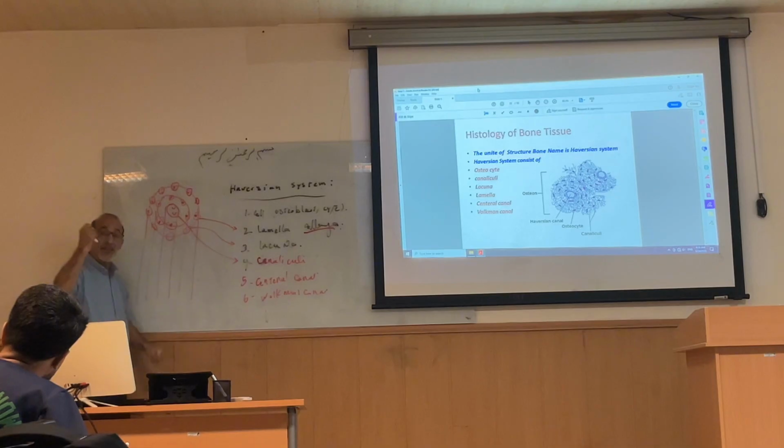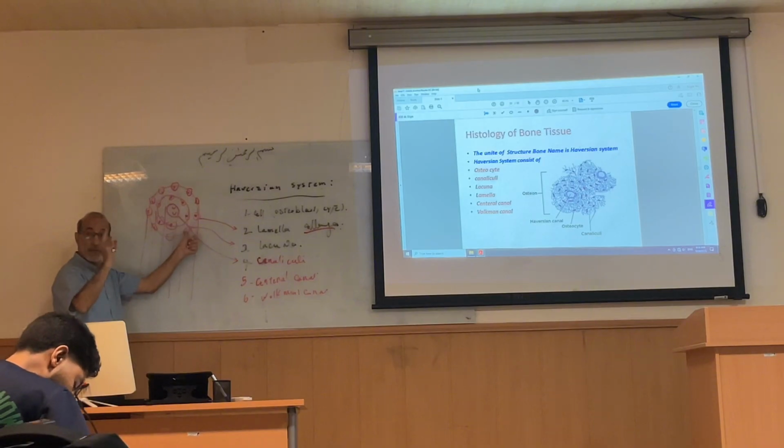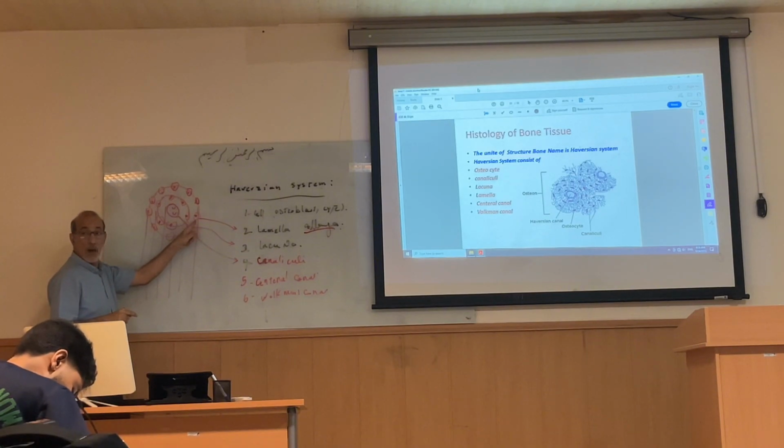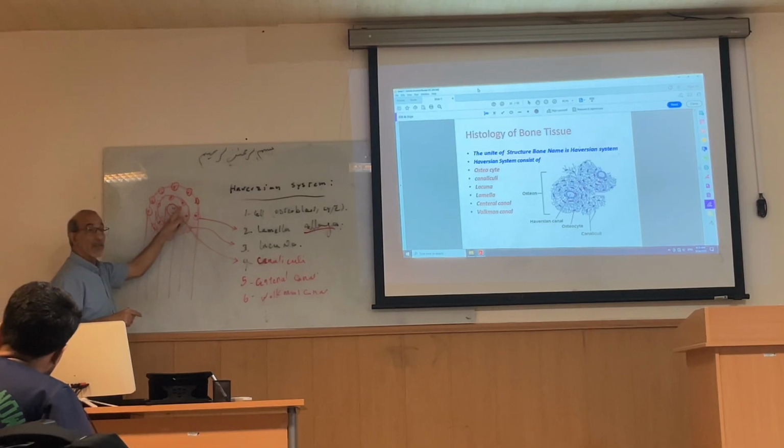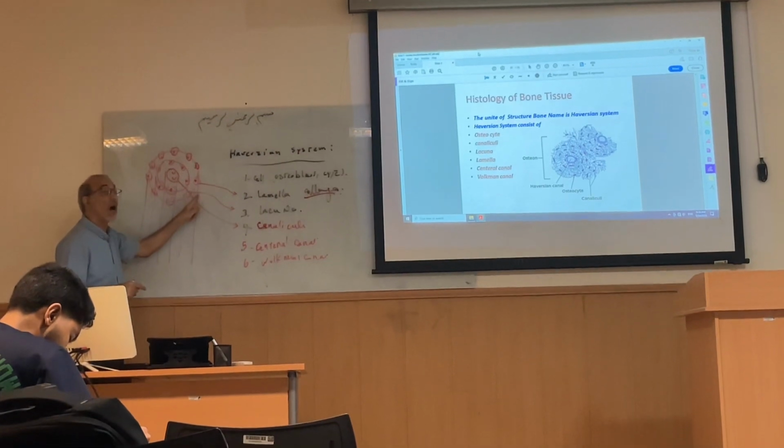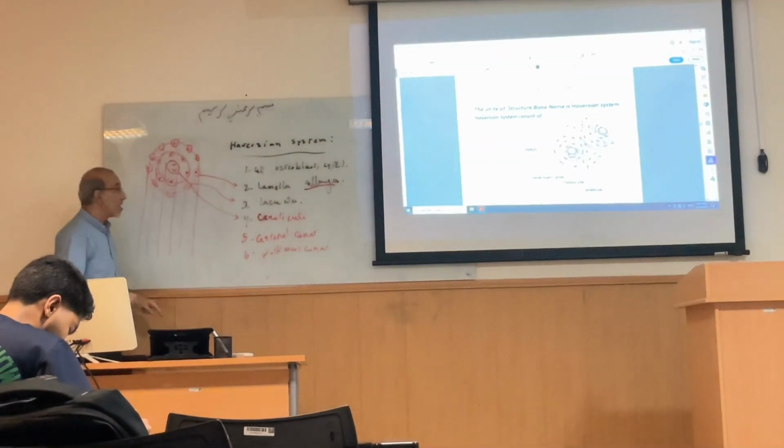The peripheral is the ancient lamella. That is the difference between the two parts. The nucleus in the new part is osteoblast. This in the old part is osteocyte.